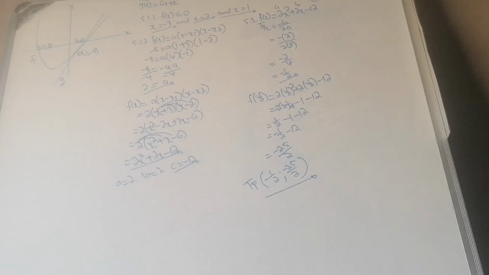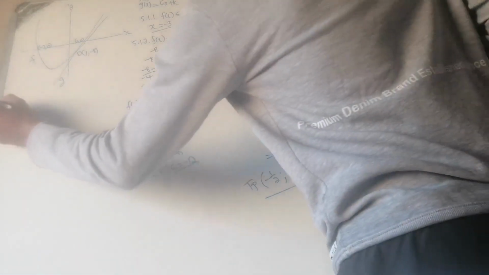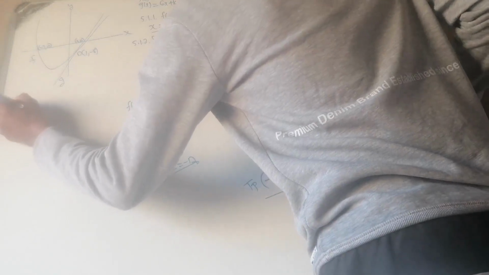Question 5.4. Write down the equation of the axis of symmetry of h if h at x equals f at x minus 7 plus 2.